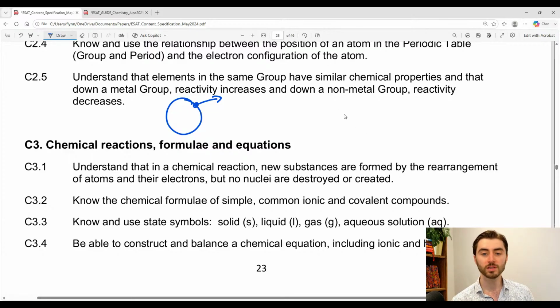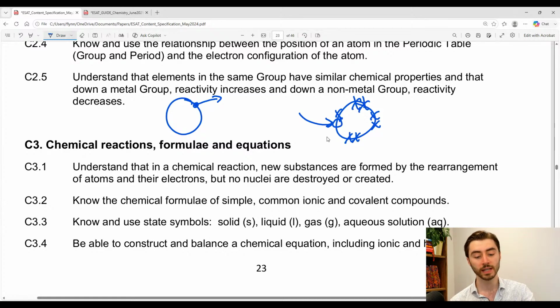The reverse is true for nonmetals, which have to gain electrons. If there's a hole here, and we need an electron to fill that gap, anything that makes it easier to gain an electron is going to make you more reactive.